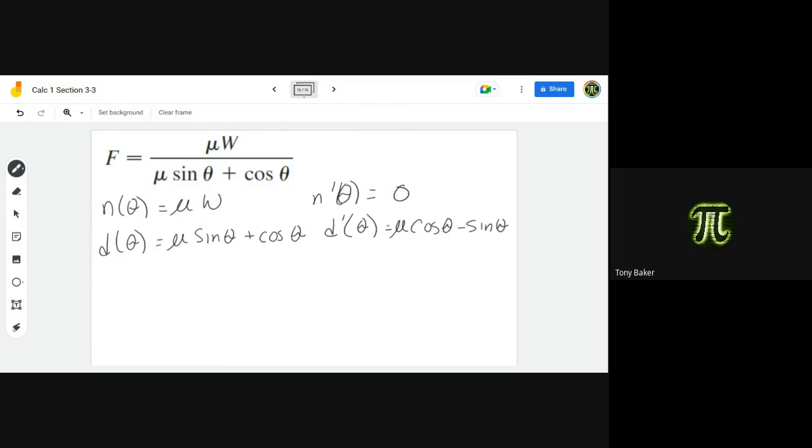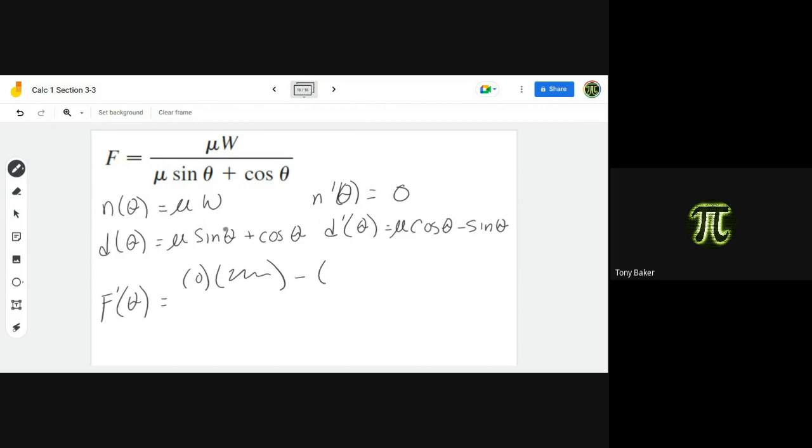So let's set up my quotient function. I have 0 times, I don't even care, because 0 times anything is 0, so why waste my time writing it down? Yeah, that's what we have.